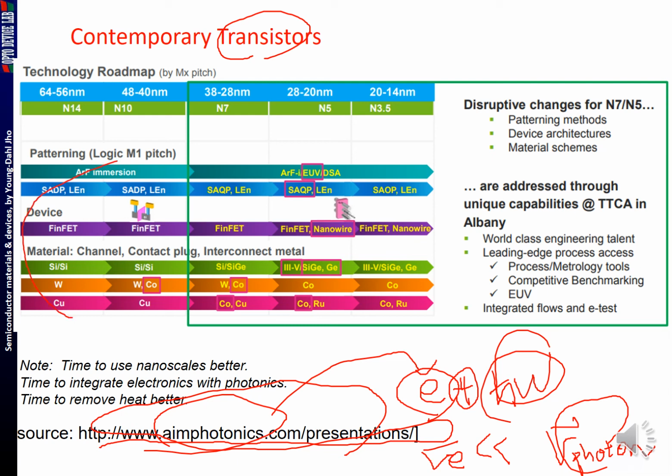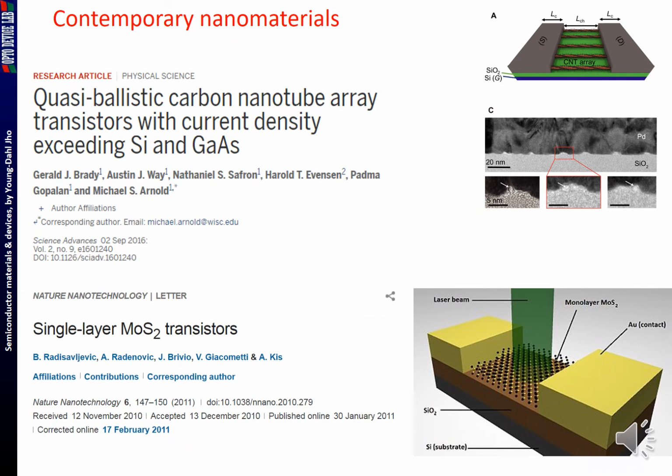And these are actually part of the concepts only in terms of the electronic part: new transistor concepts, mobile materials, nanowires, those things are considered. And also, instead of silicon, people are using some other materials like carbon nanotubes, MoSe2, molybdenum selenide, okay, for transistors.